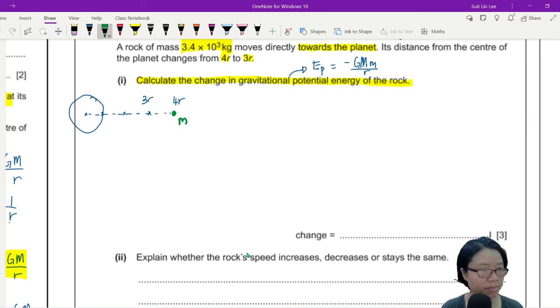This is M, this is big M. Change in gravitational potential energy from here to here.